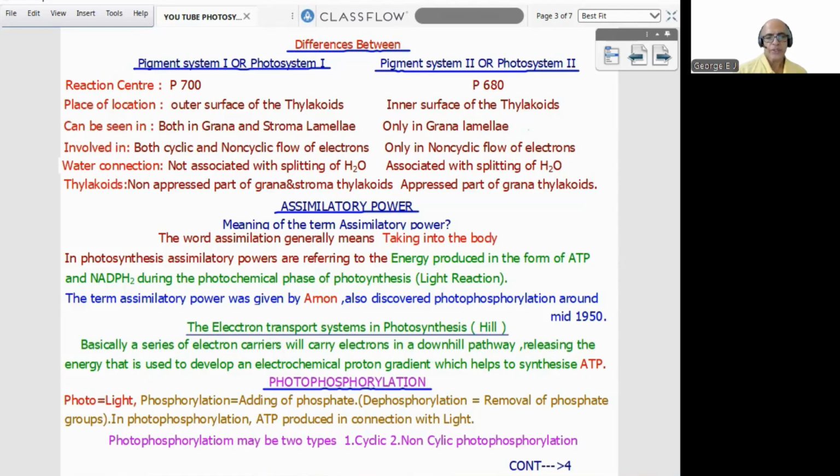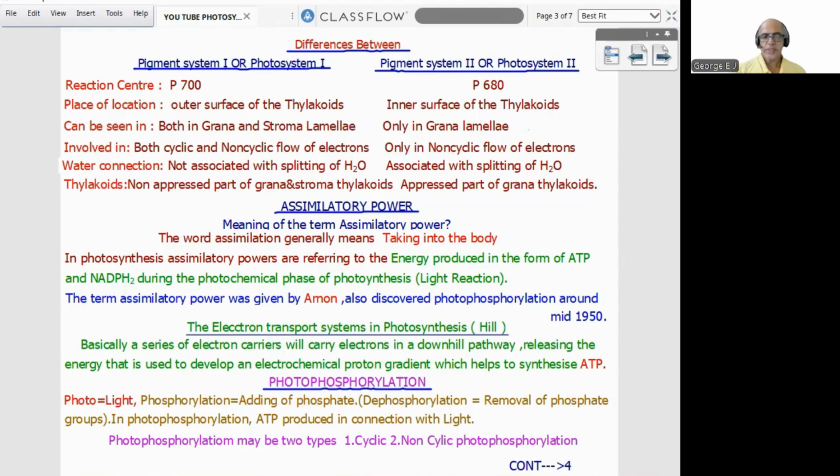Now, thylakoids: PS1 is in the non-appressed part of grana and stroma thylakoids, non-appressed. While pigment system 2, it is the appressed part of grana thylakoid. Likewise, many more are there, at least 4 or 5 differences between pigment system 1 and 2. If we can remember, that is good.